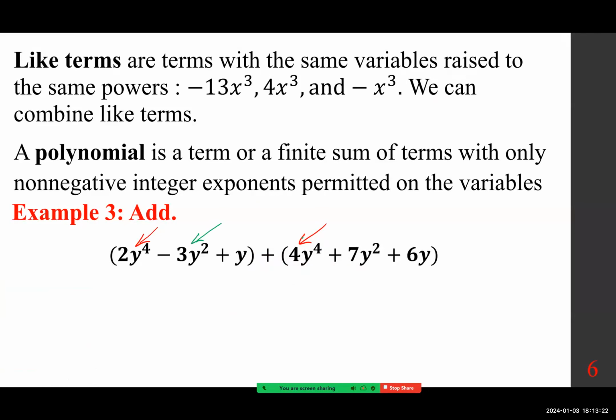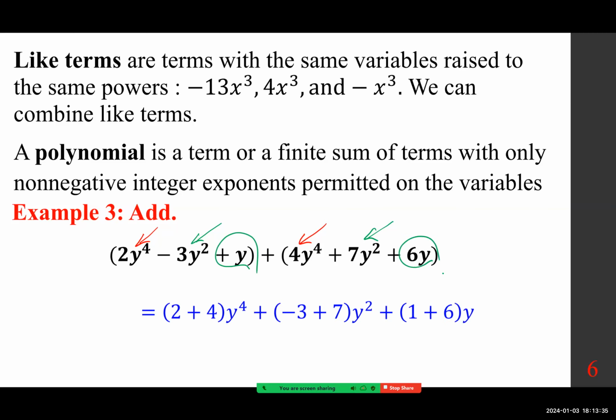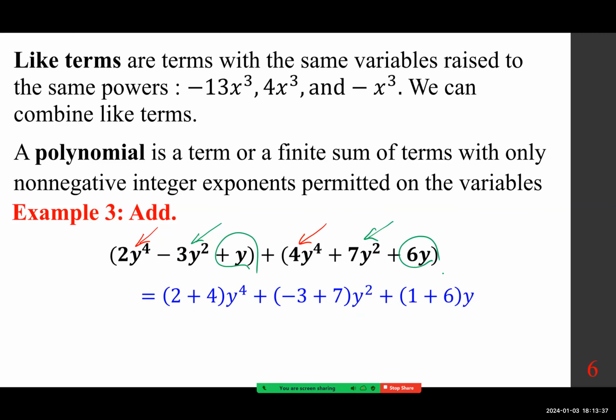I can add these two and I get negative 3y squared and 7y squared. Negative 3 plus 7 is positive 4y squared. And then finally, these two 7y. So 2 plus 4 here, minus 3 plus 7 for this one, and 1 and 6.